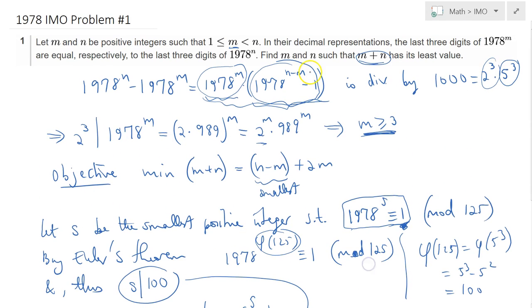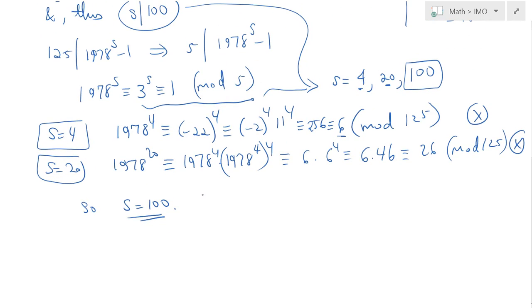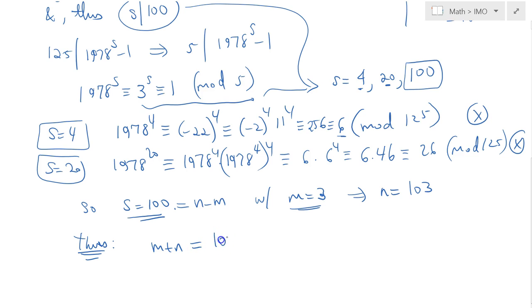Now it is obvious that we can take n minus m, and we recall that we're trying to minimize n minus m, to be 100. So n minus m equals 100, and with the smallest possible value of m equal to 3, this would imply that n is equal to 103, and thus we found that the smallest possible value for m plus n is equal to 103 plus 3, which is equal to 106, and we are done.